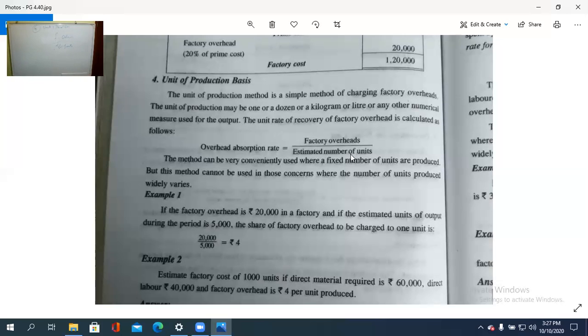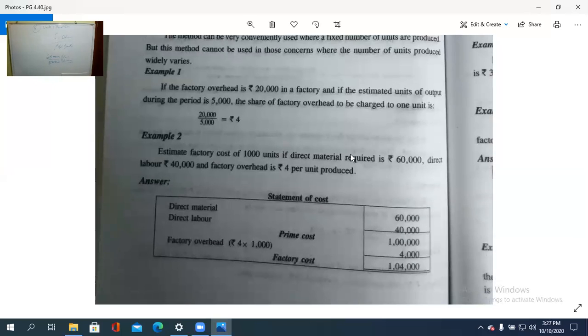For example, if the factory overhead is 20,000 in a factory and the estimated units of output during the period is 5,000, so 20,000 divided by 5,000, so 4. Simple. Rupees 4. Rupees 4 per unit is what we call the overhead absorption rate. That is the formula: overhead absorption rate is equal to factory overheads divided by estimated number of units.